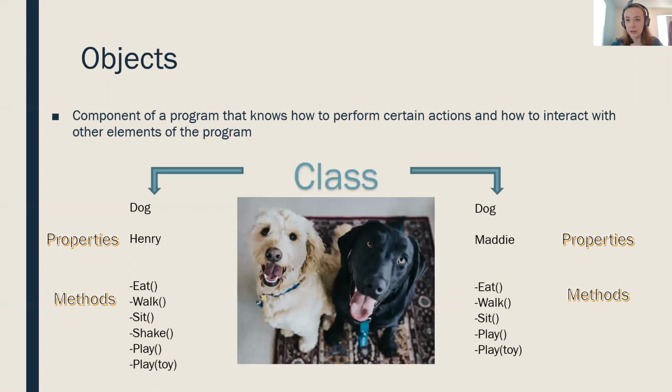Objects can interact with each other using these properties and methods, such as two dogs playing together or a human and a dog walking together. Each of those individual objects knows what their function is. A human knows how to walk and a dog knows how to walk. Both of them together can interact. We're going to break these kinds of things down into more individual parts.